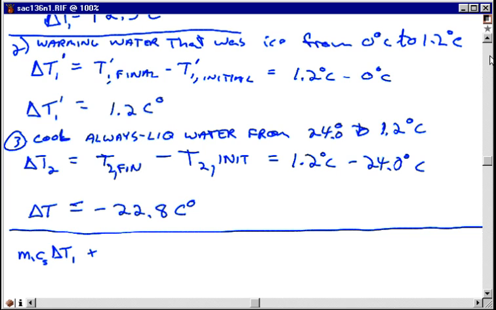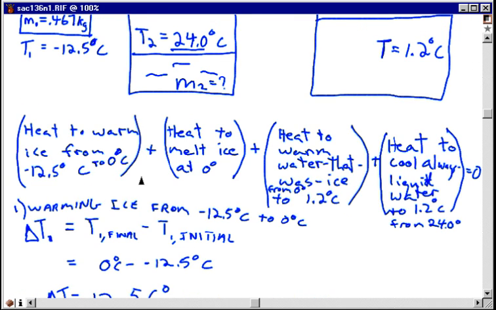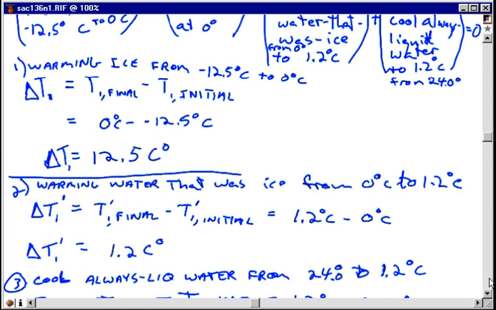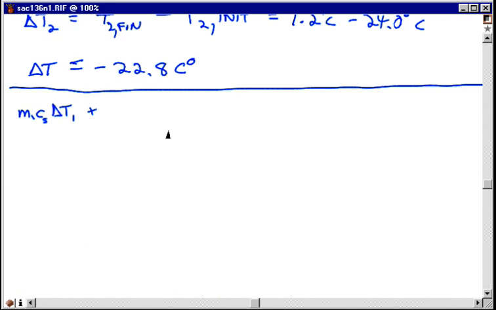Plus the heat to melt the ice at 0 degrees. There's no temperature change here. This is latent heat of fusion we've got to look up. I'll call it L sub F. So it's just M times L.